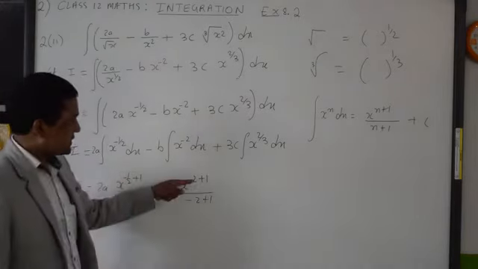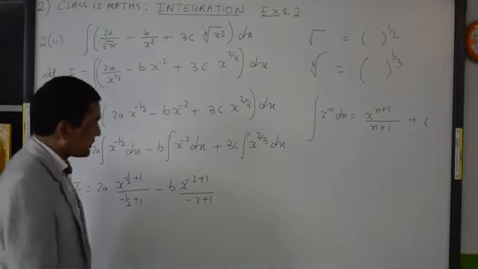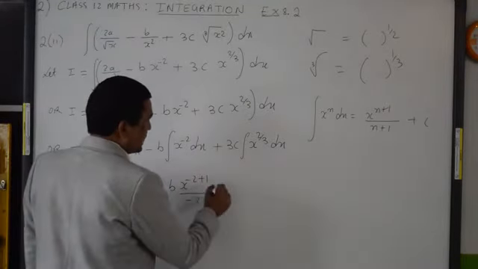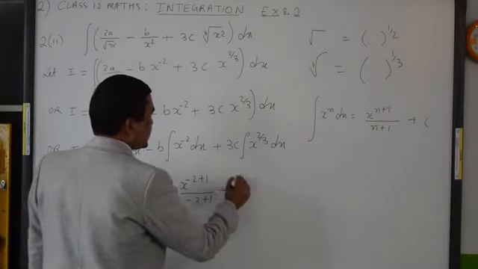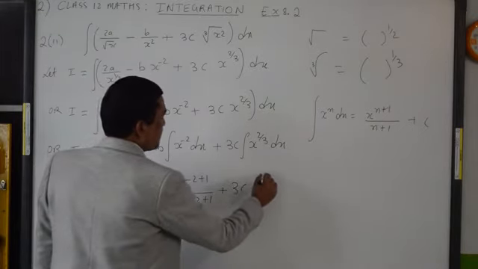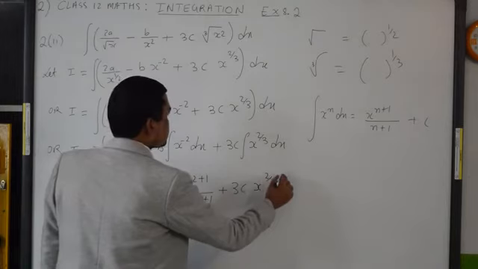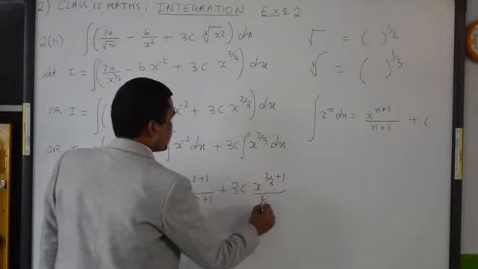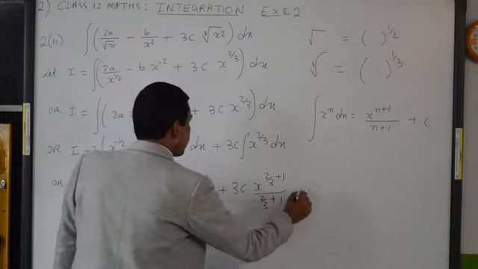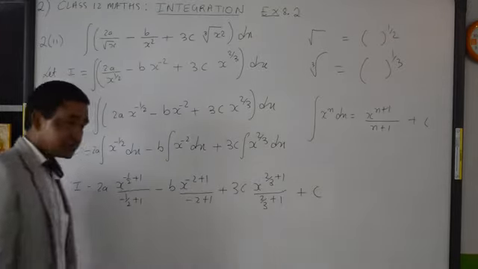Whatever power is there, just divide by the same power. Then plus 3c x to the power 2 by 3 plus 1, divided by 2 by 3 plus 1. Then finally write one constant for these integrations.